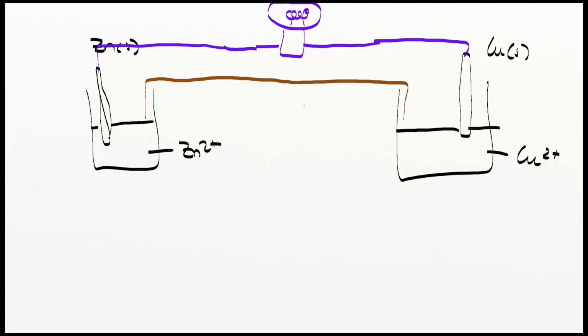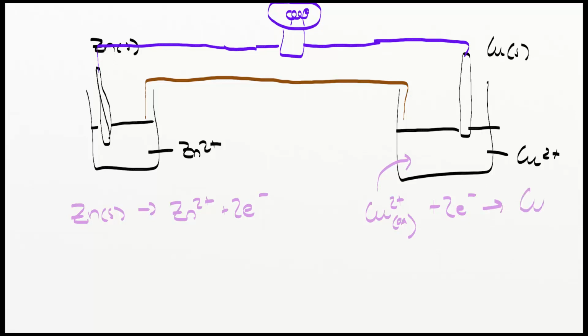We'll have other ways of working it out, but at this point we'll simply say that zinc in this situation preferentially gives away its electrons, and copper 2+ ions, so be very careful, these are the aqueous copper 2+ ions inside the solution, not the copper solid that is the electrode, or the block of metal here. It's the copper 2+ ions that accept the electrons, not the copper solid, and that becomes copper solid afterwards.